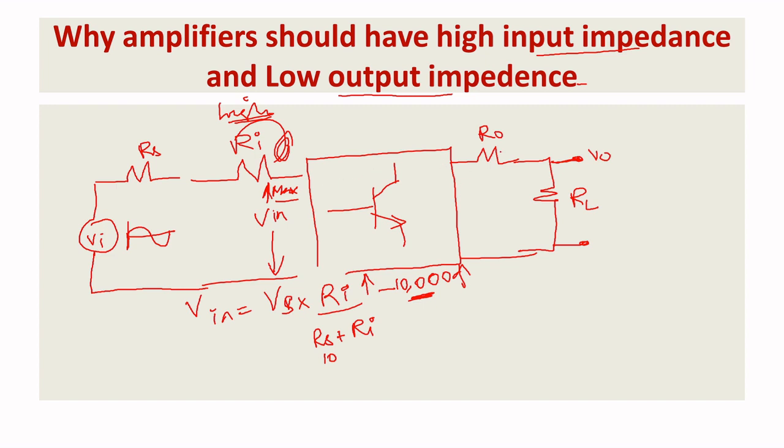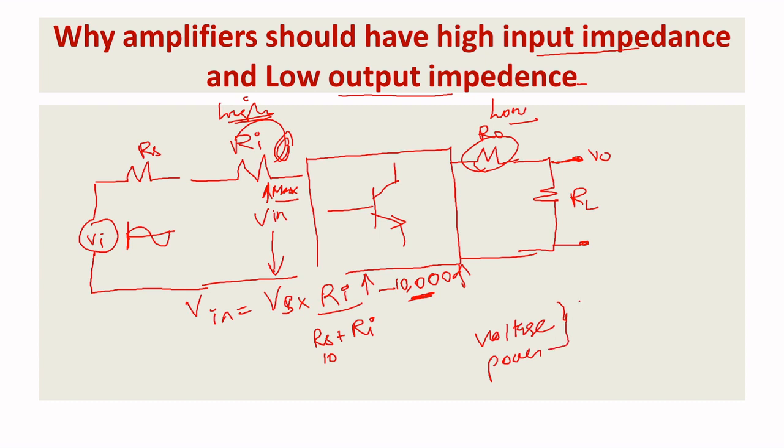Similarly, when you go to the output section, it should not undergo any voltage drop across the output impedance. That means I should have a low output impedance. Generally it's based on the application. See, there are two types of amplifier we generally study. One is a voltage amplifier, another is a power amplifier.